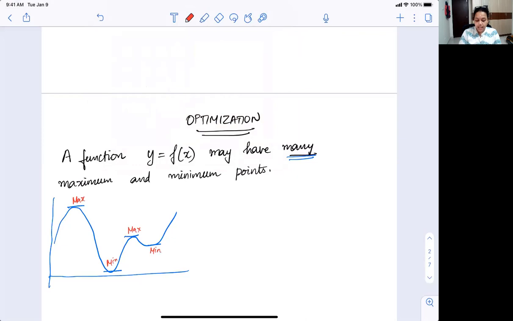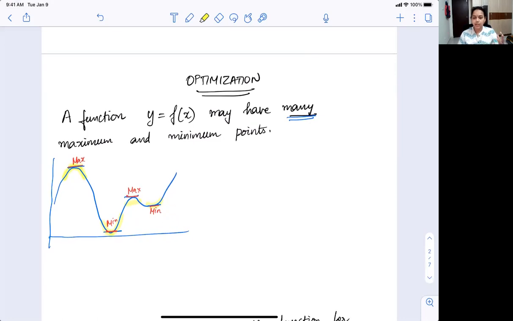All of these points are local maximum and minimum points, because in this neighborhood, the function has its maximum value at that particular point. In this neighborhood, the function has its minimum value at the critical point. In this neighborhood, we have a maximum. In this neighborhood, we have a minimum. But notice how in one particular function, we've already seen two maximum points and two minimum points. So how do we go about working in such cases?